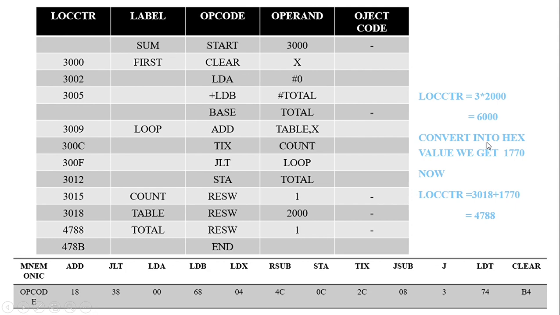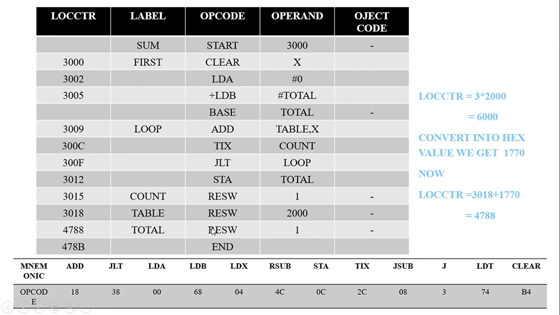If we convert 6000 into hexadecimal, we get 1770. Next we add this 1770 to the address 3018. If we add, we get the location counter as 4788.